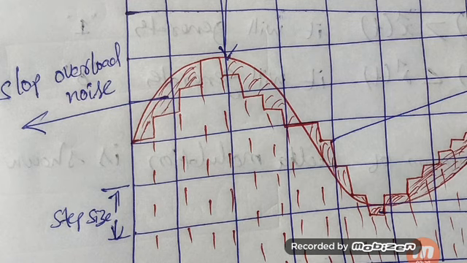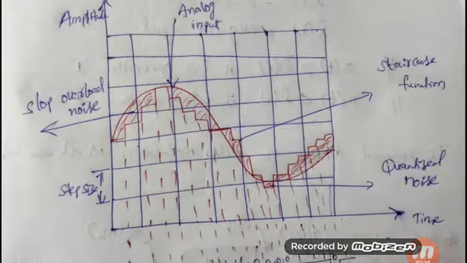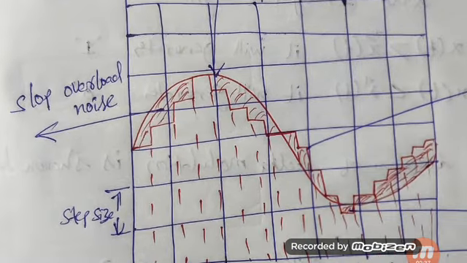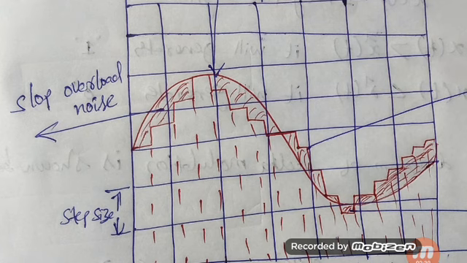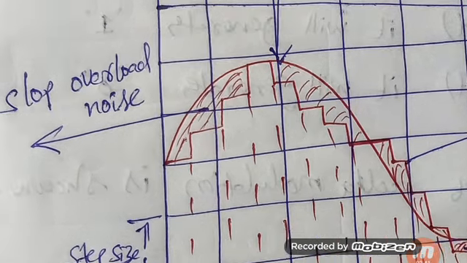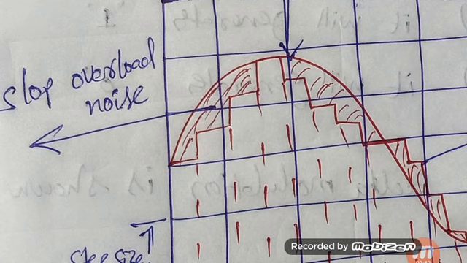That is called slope overload noise. In delta modulation it is only partially eliminated, so for that reason we use adaptive delta modulation to eliminate the slope overload noise.